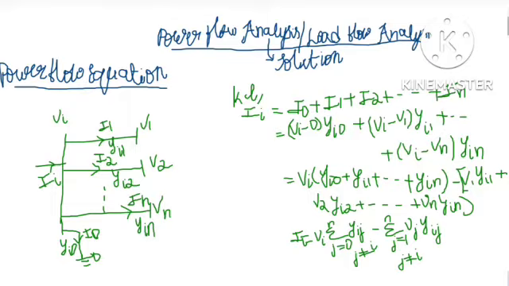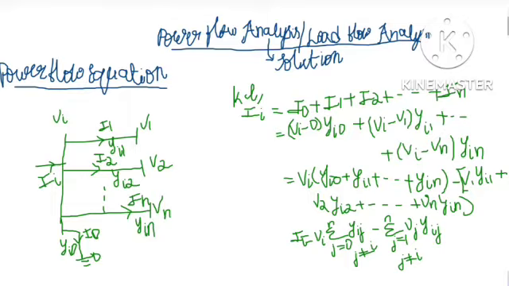You should see one very important thing here: Yi0, Yi1, Yi2 and so on, Yin are the admittances between the ith bus and another bus. So here we are using j as the other bus index, varying from 0 to n.